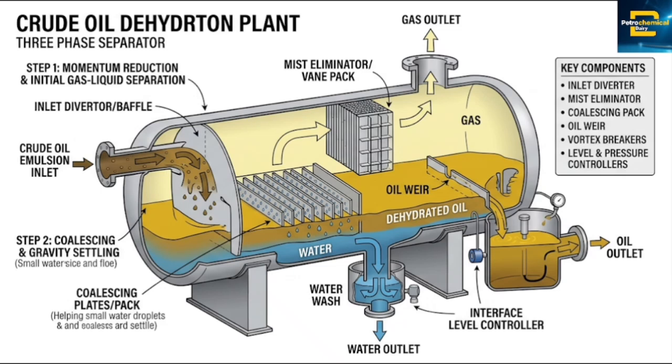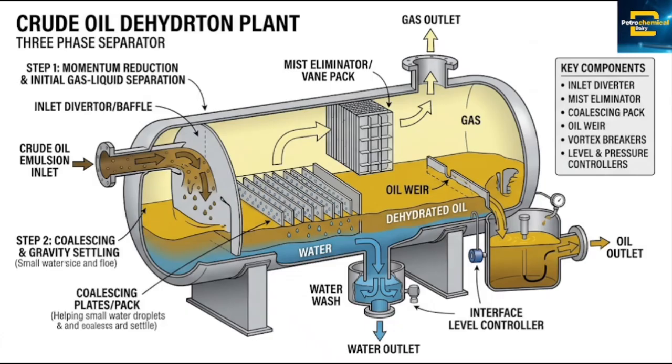Any water that is still mixed with the gas, it will remove, and the clean gas will now come out at this gas outlet. So that is the work of this mist eliminator or vane pack.